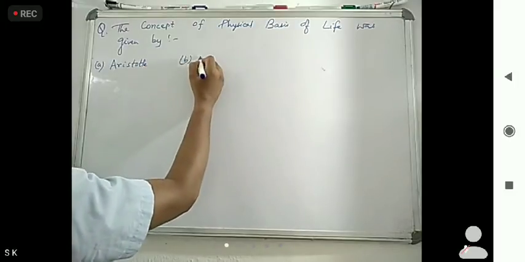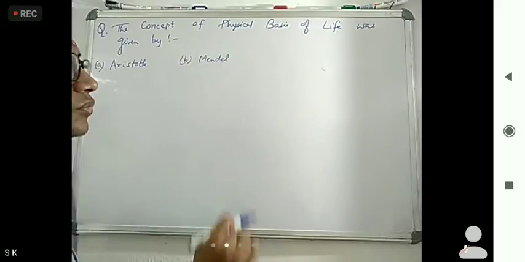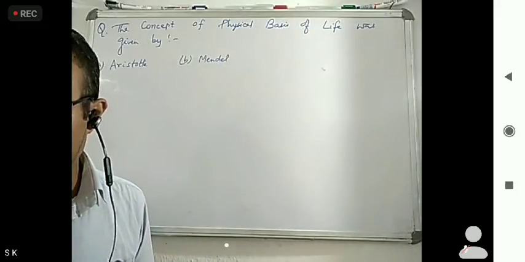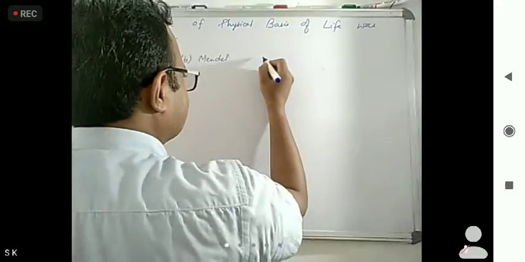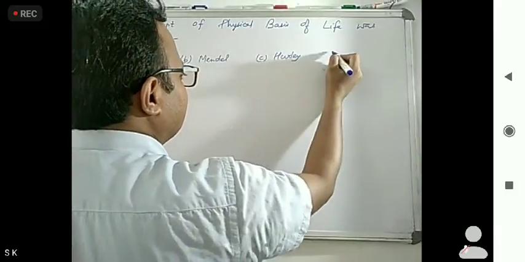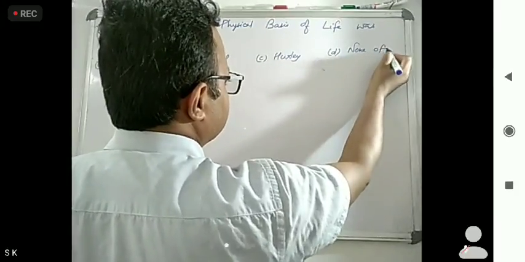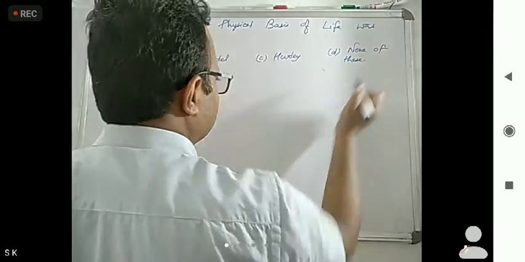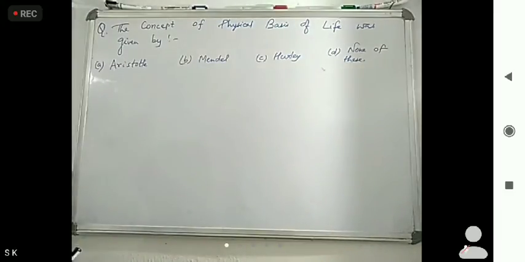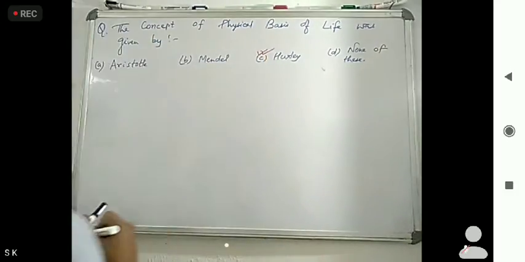Second is Mendel. Third is Huxley. And fourth one is none of these. Already we discussed what should be the answer. Yes, right. So it is Huxley. Physical basis of life was given by Huxley.